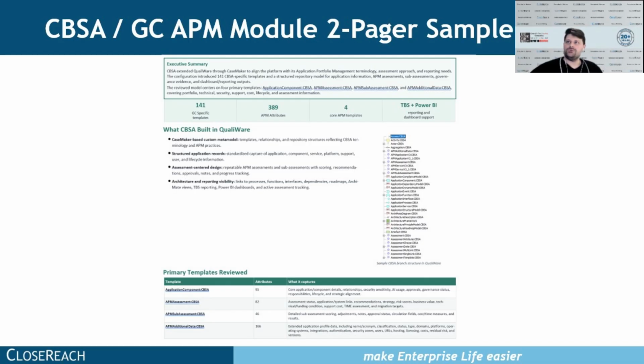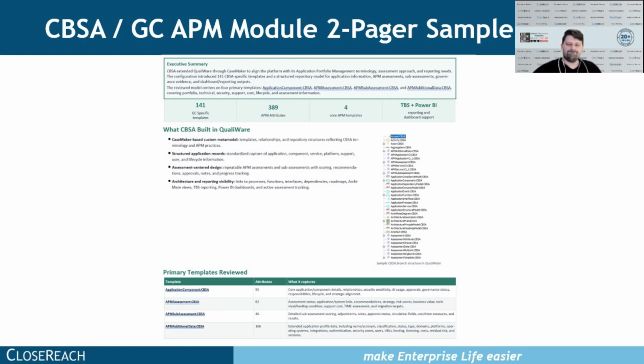Now we are prepared to provide more assistance and work with GC departments to implement the APM module that CBSA has established, localizing it into other GC departments and environments.